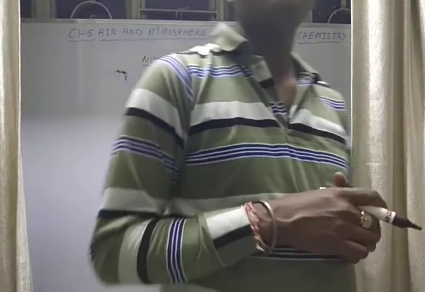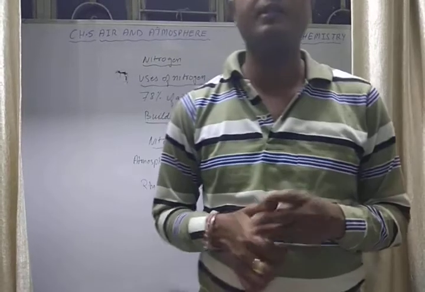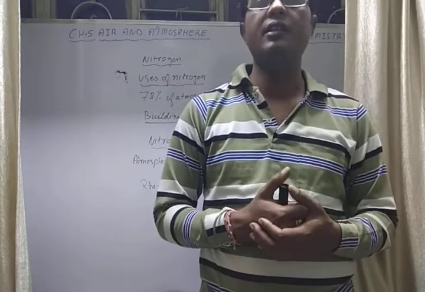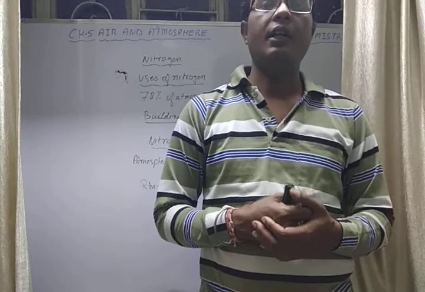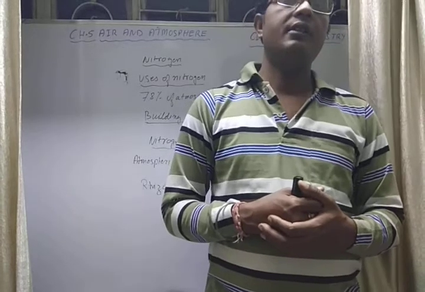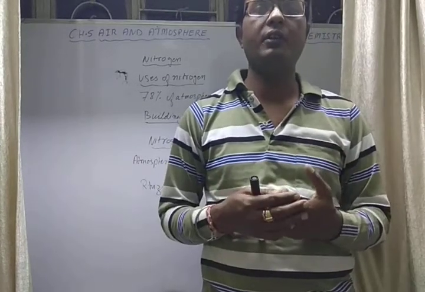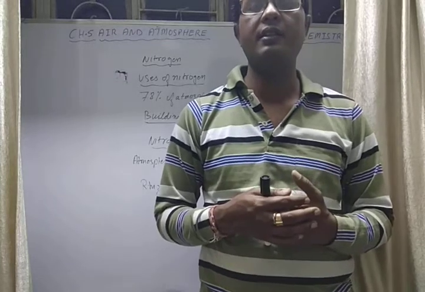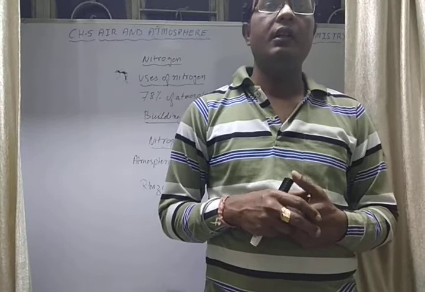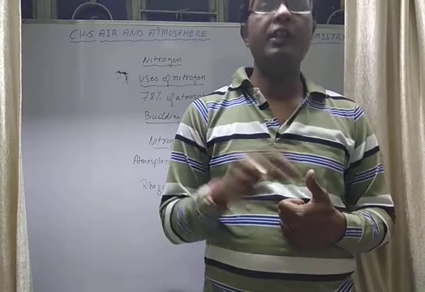Some plants have nodules in their roots, for example the leguminous plants. You will study this in detail in class 7, where you will again have this air and atmosphere chapter. There you will study how nitrogen is converted into soluble nitrates by Rhizobium, which lives in the nodules of leguminous plants.